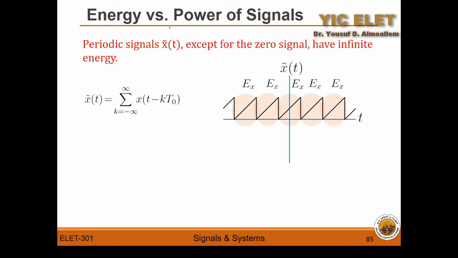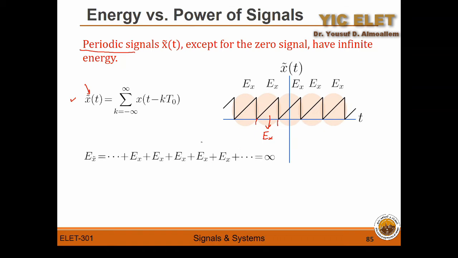What happens if we're talking about periodic signals? As you know, periodic signals repeat themselves on each period. So if we find that this period has a certain energy E, and it is repeating itself as per this equation, this means it is repeating itself. So in this case, x of t has a finite value. Let's consider that we have calculated the energy under this area.